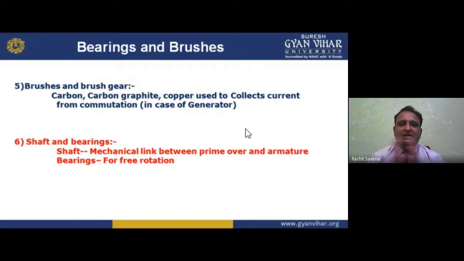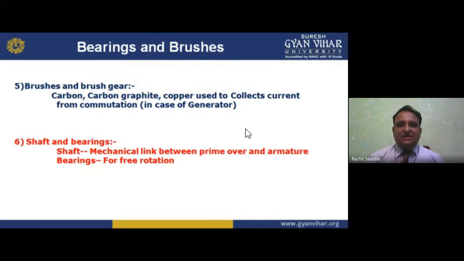I hope you understand. Now brushes and brush gear. The gear carries the brush holder, we can say. The brush is made of carbon, carbon graphite or copper, used to collect current from the commutator in the case of a generator. Because a generator gives you electrical output, but a motor gives you mechanical output.